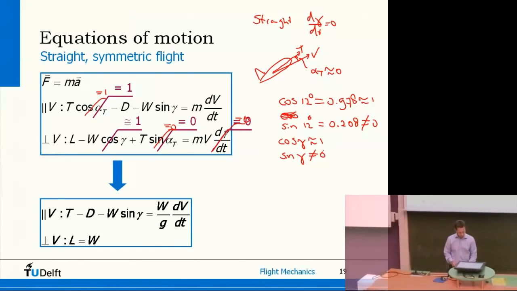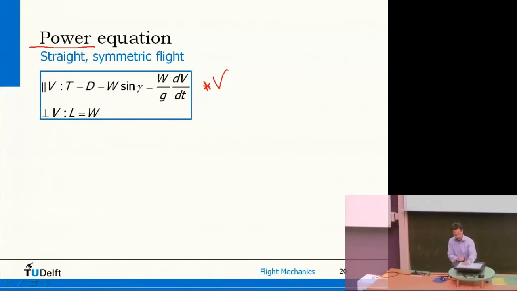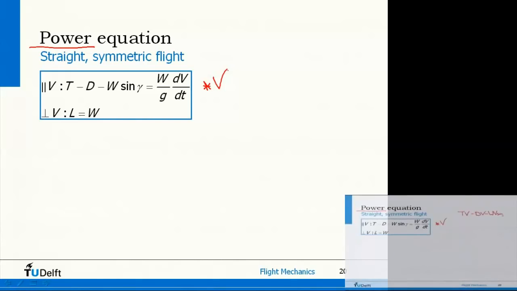Now, if you have that, then what I could do, I could also make a power equation, and that's just to show you what this means physically. If I multiply this whole equation with speed, on the left-hand side and the right-hand side, then I get this.